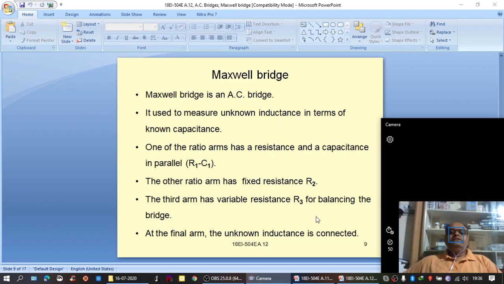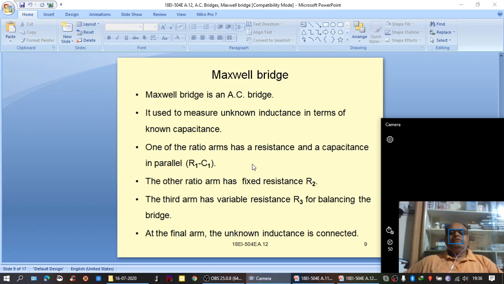Now let us look into the details of an AC bridge used for the measurement of unknown inductance. That is the Maxwell bridge. Maxwell bridge is an AC bridge, and it is used to measure unknown inductance in terms of known capacitance.